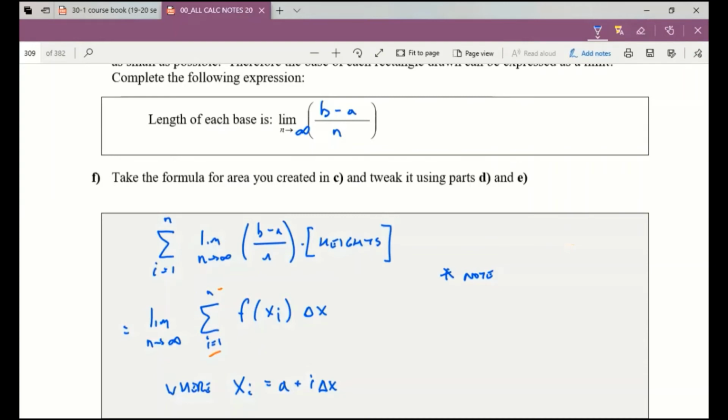So just noticing that i equals 0 to n minus 1 will give the same result, just renumbering, so that i goes from 1 to n.